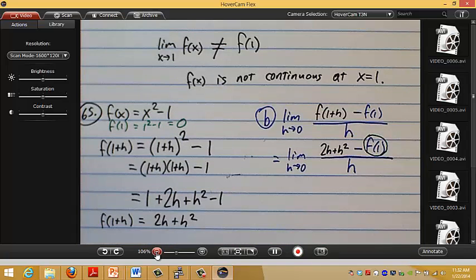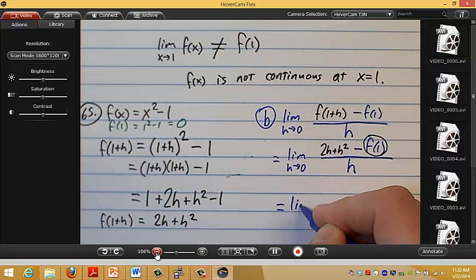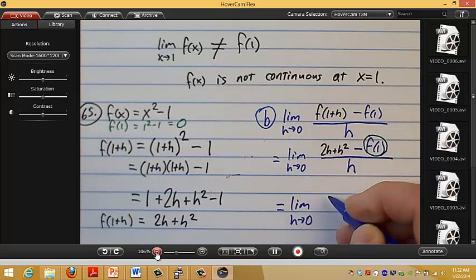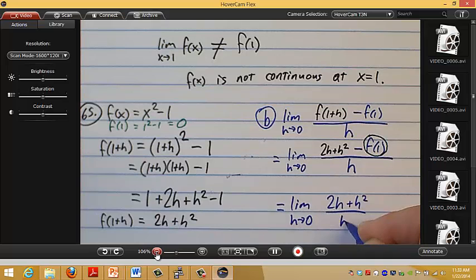So now this is kind of interesting, because what you have then, if that's really just a 0, you have the limit as h approaches 0 of 2h plus h squared over h. And what we're going to learn today is, if you just substituted right now, you might think the answer is 0 over 0. Does that make sense?